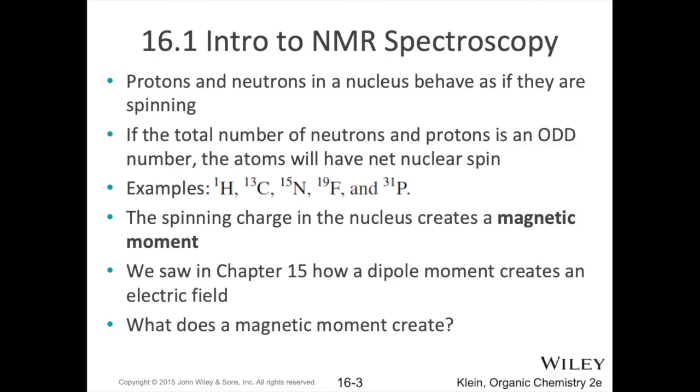So how do these odd numbered nuclei interact in magnetic fields? Well, think of it like a polar molecule with its dipole moment. If you have a molecule that has a positive and a negative end to it, it has a dipole moment, and we've seen that this can interact with an electrical field and direct it accordingly.